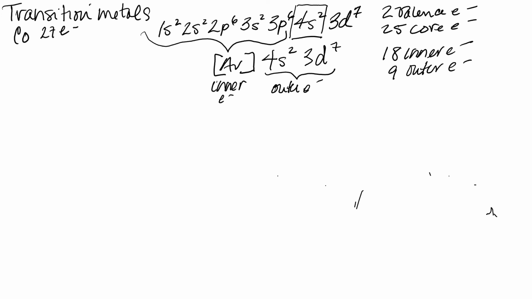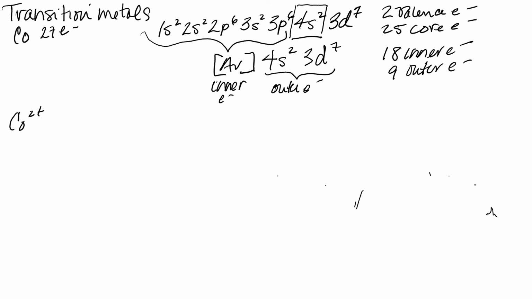Okay, so cobalt forms a 2+ and a 3+ ion. So let's look at the electron configuration of the 2+ ion first. 2 electrons are lost to form that 2+ ion, and the 2 electrons that are lost are in the outermost or highest energy level.